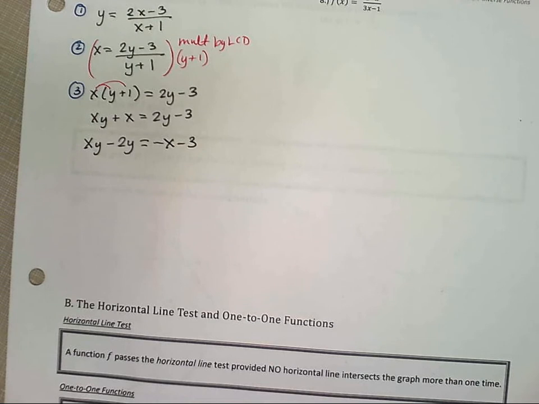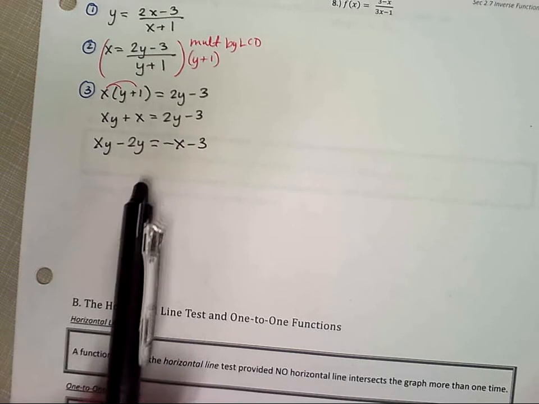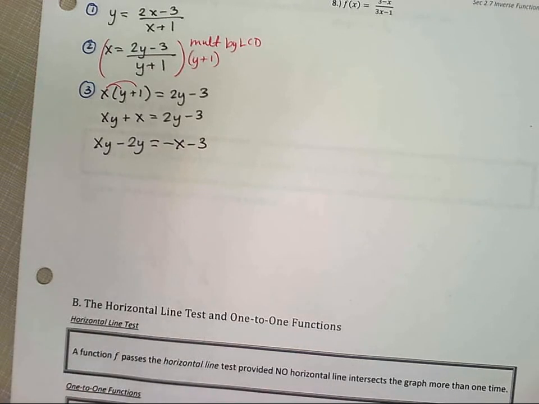So are we good? Did I make any mistakes? Okay, so how can I get y by itself? Because here I have xy, here I have minus 2y. Who's got an idea?